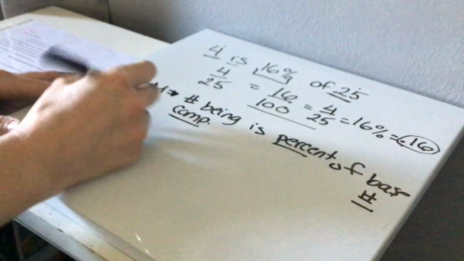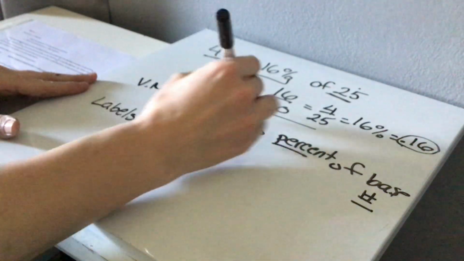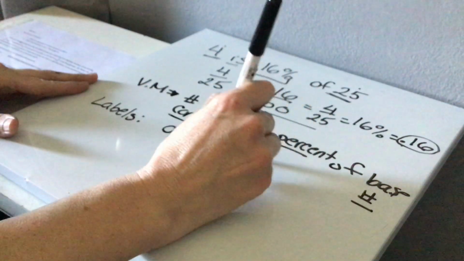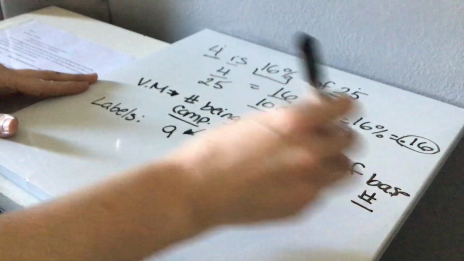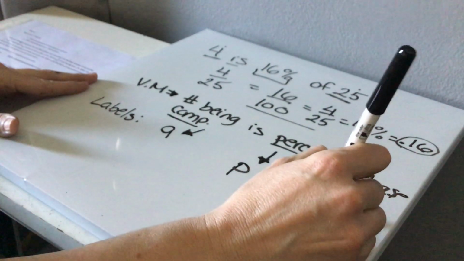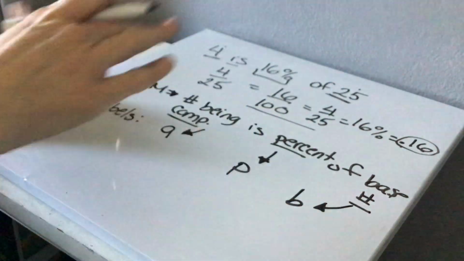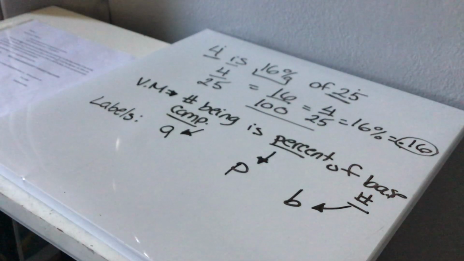If we assign labels, then we can say that the number being compared is A, the percent is P, and the base number is B. Percent has no units, and the number being compared and the base have to have the same units.